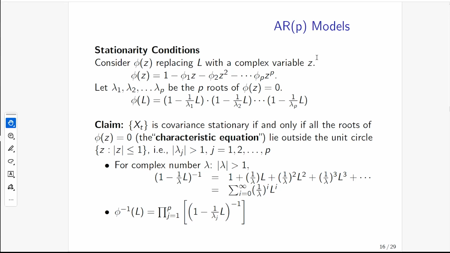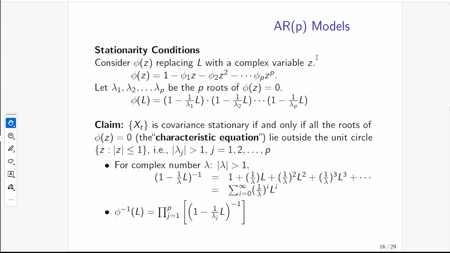So if z equals lambda 1, then the first term is 0. If z equals the pth root, lambda p, then this last factor is 0. So this is a representation of this pth order polynomial in terms of its roots. And the condition for stationarity is that all of these roots have to lie outside the unit circle in the complex plane.